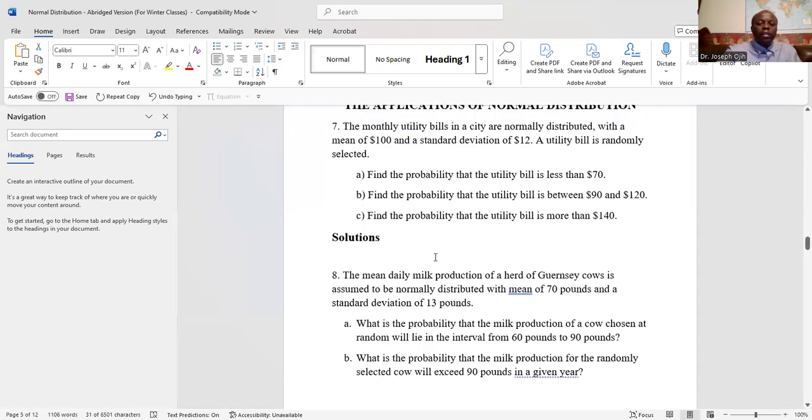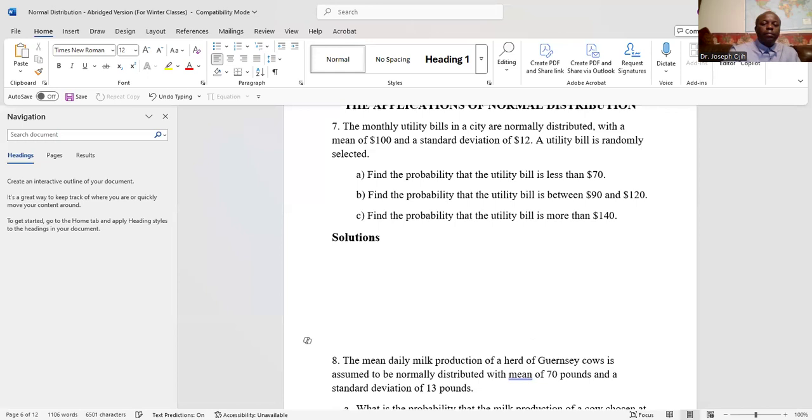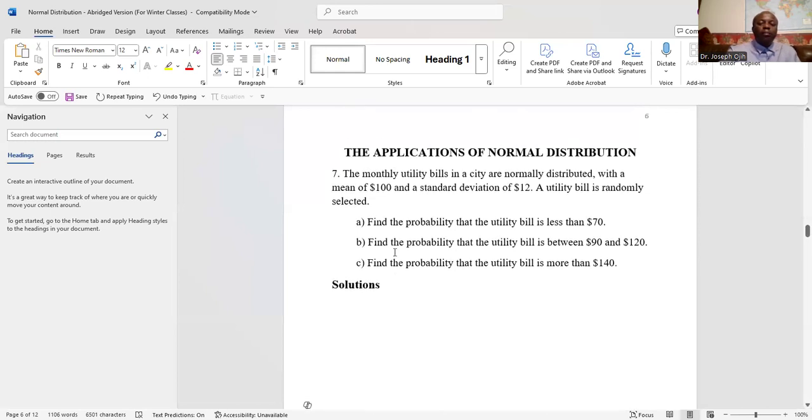It says the monthly utility bills in a city are normally distributed with a mean of $100 and a standard deviation of $12.